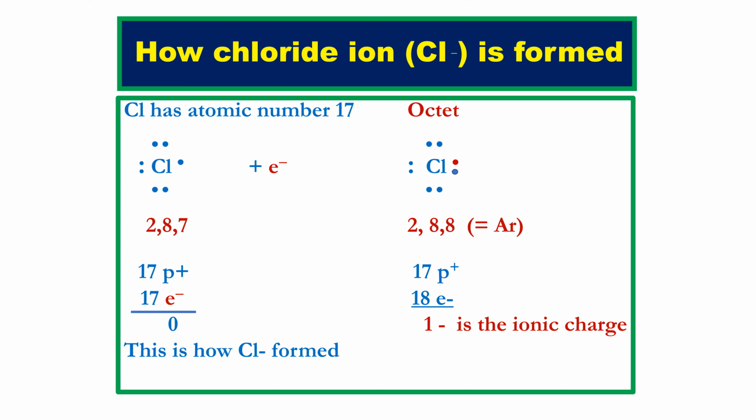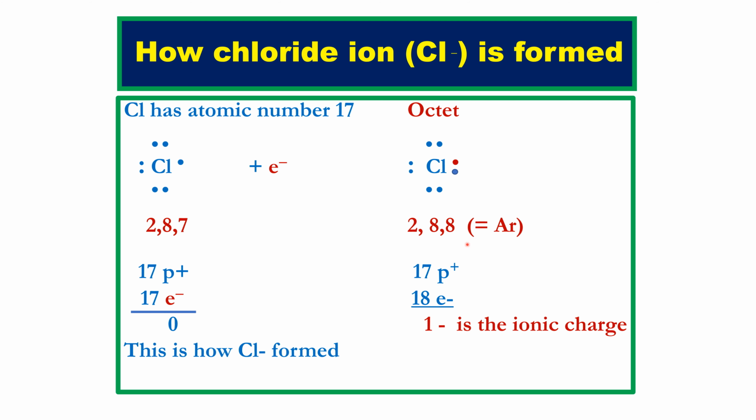We now look at how chloride ion is formed. Chlorine has atomic number 17. Its electronic configuration is 2 electrons in the first shell, 8 electrons in the second shell, and 7 electrons in its outermost shell. So this is chlorine with 7 electrons in its outermost shell. When chlorine gains 1 electron, its electronic configuration will be 2 electrons in the first shell, 8 electrons in the second shell, and 8 electrons in its outermost shell.